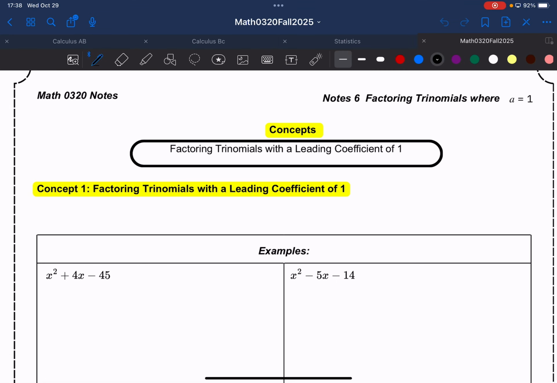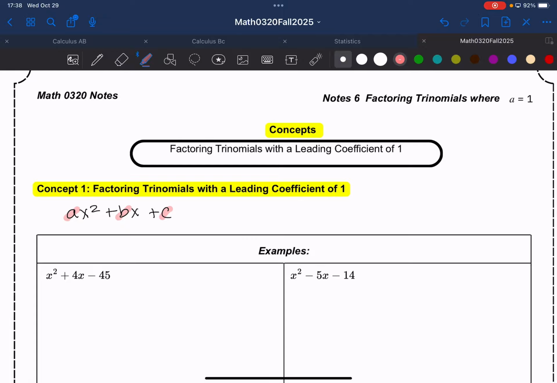So remember that standard form of the quadratic equation is ax squared plus bx plus c. Okay. And each of these values, a, b, and c, are numerical values.